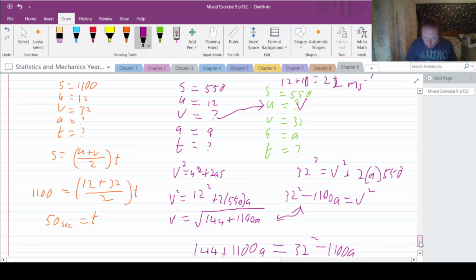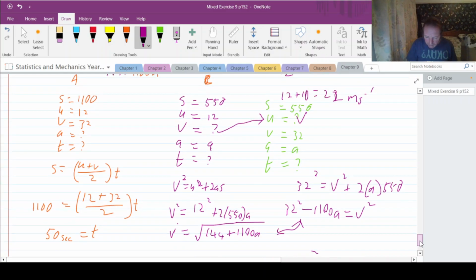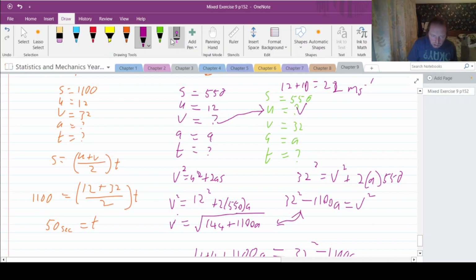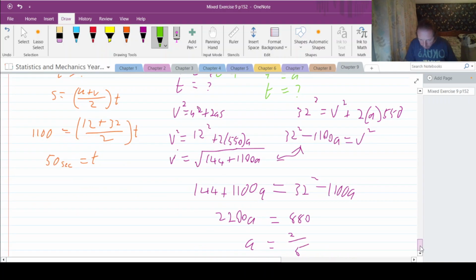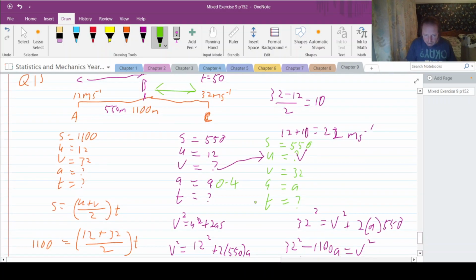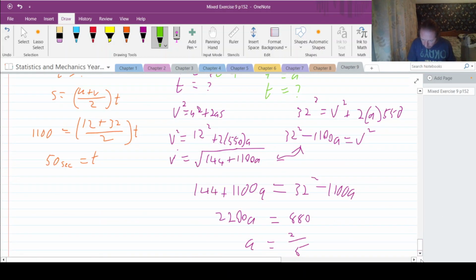2/5, 0.4. So with that in, we can quickly use it to find out the final velocity. Something with a t in it. Same thing again, we can just plug it in, or we can find out where the v squared is here.